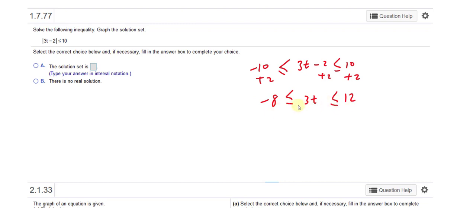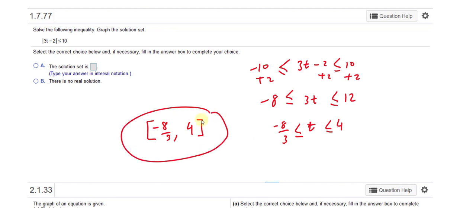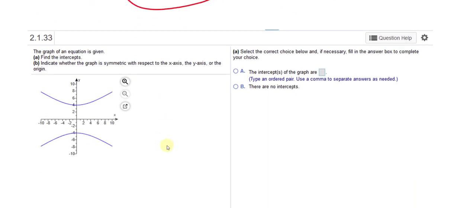Divide by 3 on all the sides, you get t less than or equal to 4. 12 divided by 3 is 4, and minus 8 divided by 3. And if you want to write that in the interval notation, because they are the two equal sides, you have to use the bracket. Minus 8 over 3 up to 4. Okay, the next question.